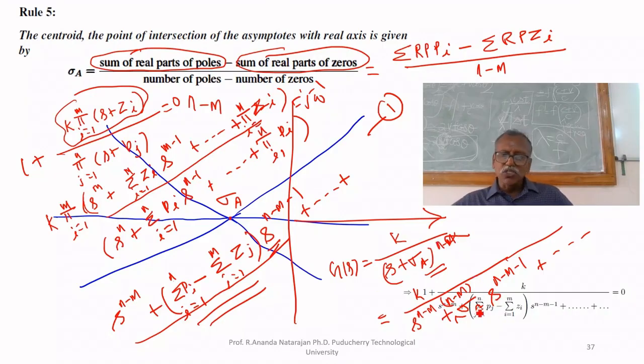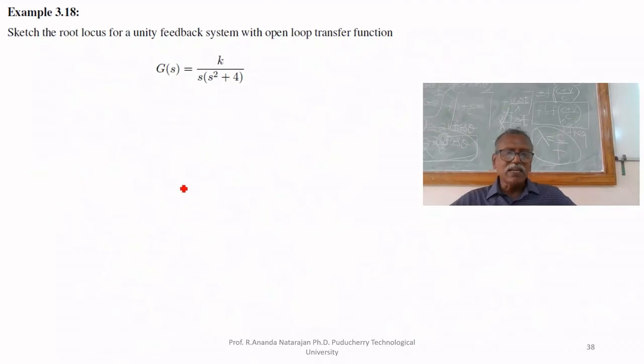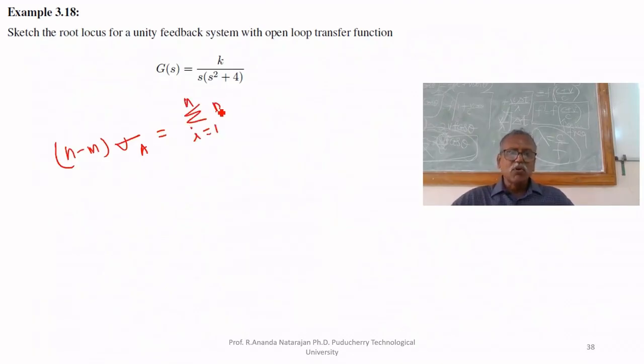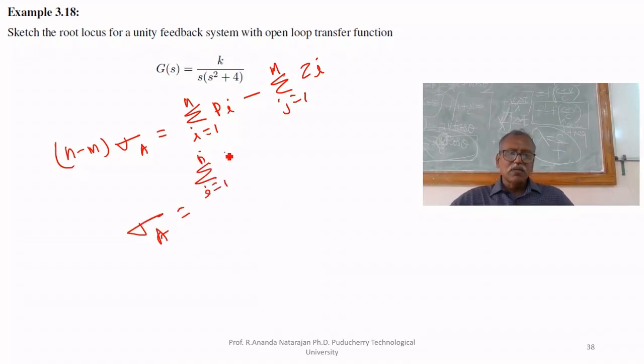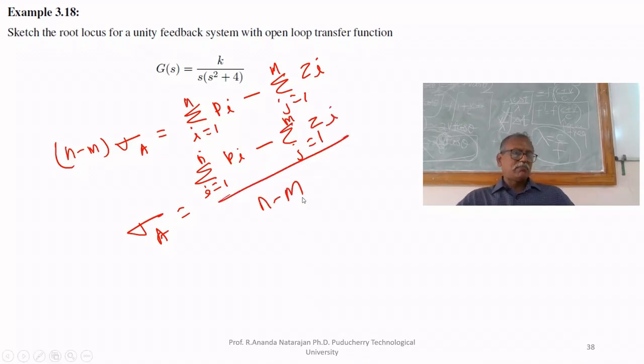So if you compare these two, you will get n minus m multiplied by sigma A equal to sum of poles, i equal to 1 to n, minus sum of zeros, j equal to 1 to m. Therefore, sigma A equals sum of real parts of poles minus sum of real parts of zeros divided by n minus m.